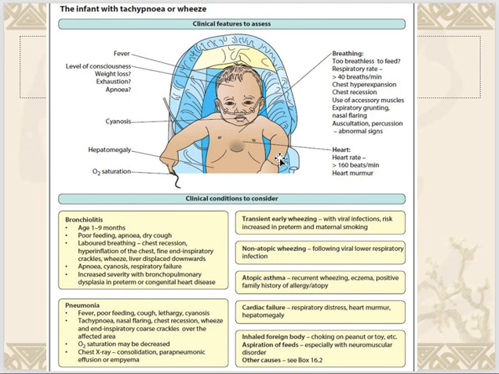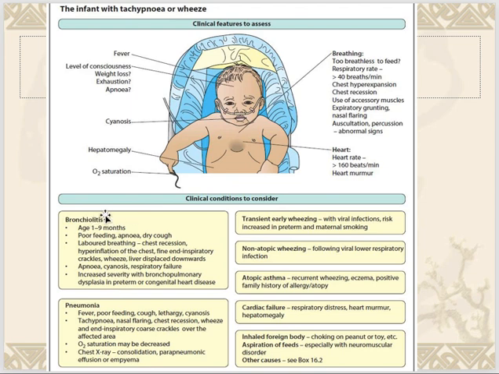Okay, so guys, nowadays there are RSV immunoglobulins also available, which can be given, and they protect against this severe condition. Of course, it's mostly a viral cause, so antibiotics won't help in this one.